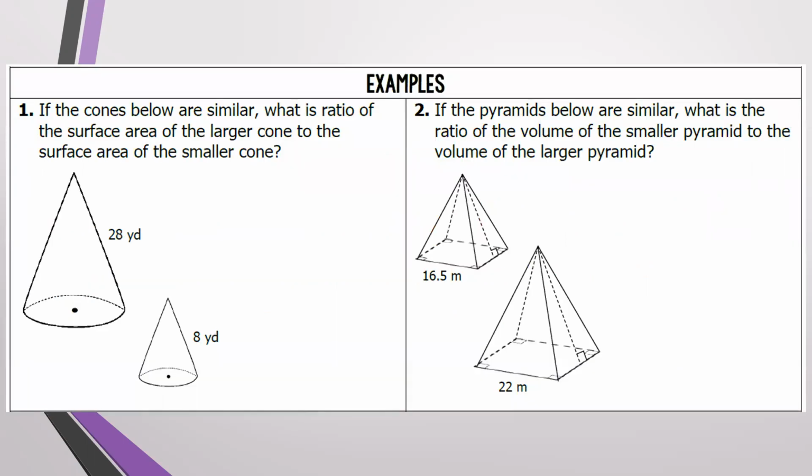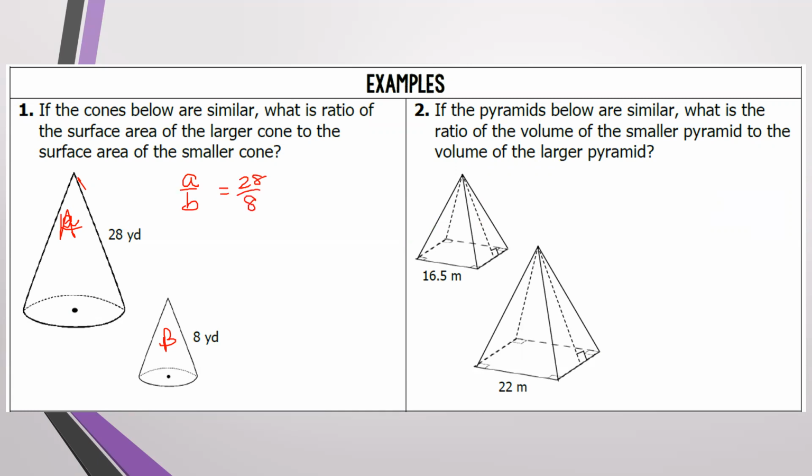All right, so in number 1, it says the cones are similar. What is the ratio of the surface area of the larger cone to the smaller cone? Okay, so that means this will be my A cone and this will be my B cone. So they give us a slant height. Slant height represents a linear measurement. So I'm looking at my A over B, 28 over 8.